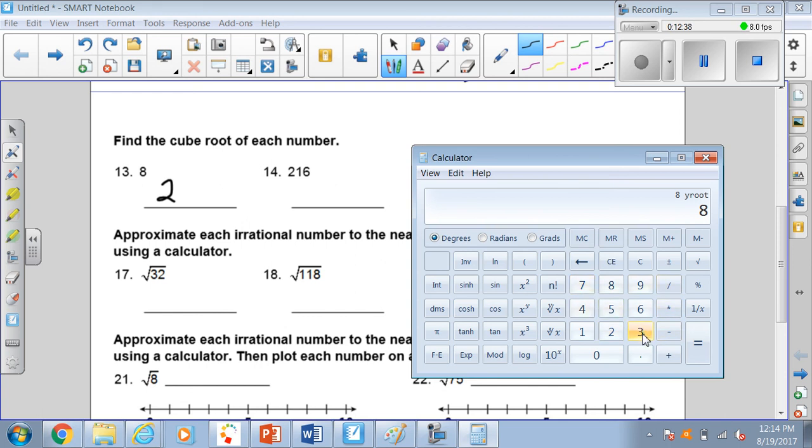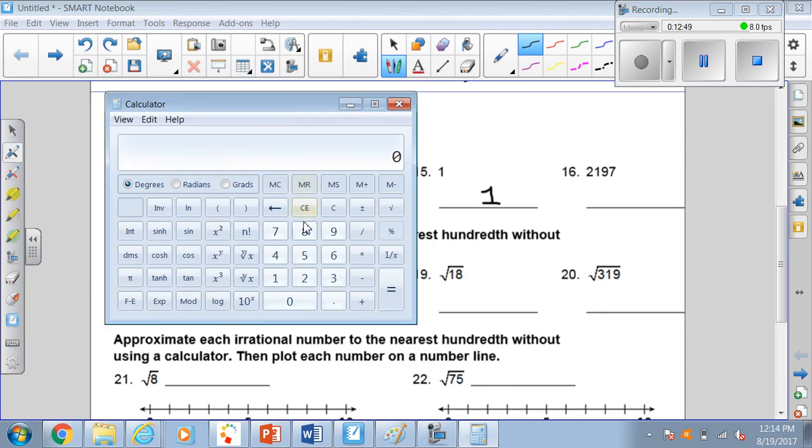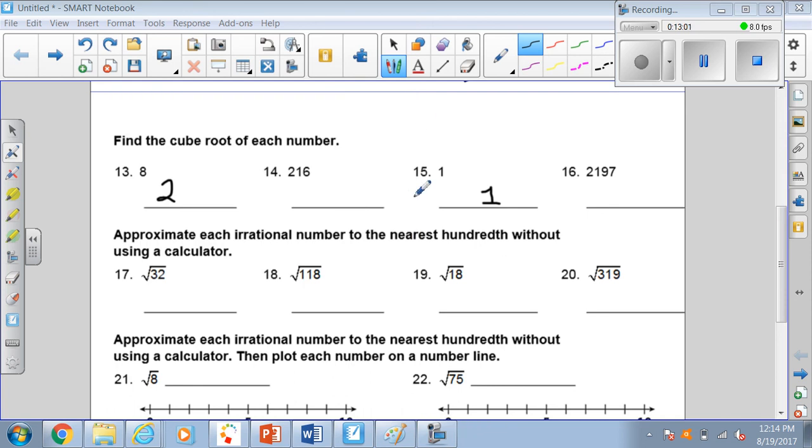And remember, I'm cubing, so that's 3, and then I press equal, and look, 2 comes up. Okay? It would work the same with my other problem that I had here, 1. If I took 1, and I put the y root, and I'm letting it know that y is going to be 3, my answer would still be 1. Okay?